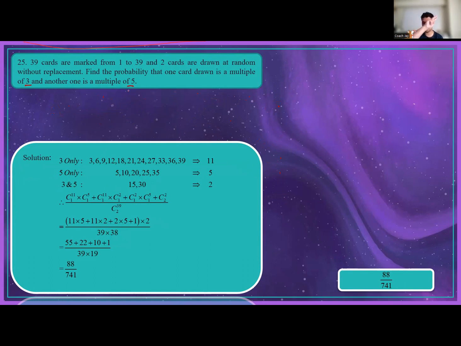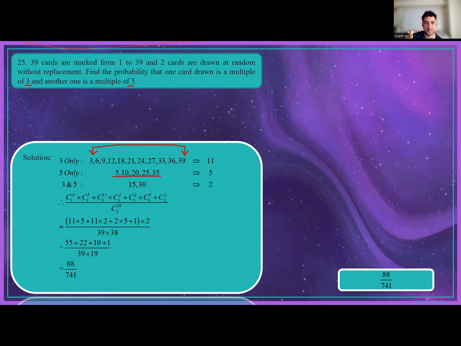From 1 to 39, you have a total of 13 multiples of 3, and 7 multiples of 5, and for both 3 and 5, you have 2.